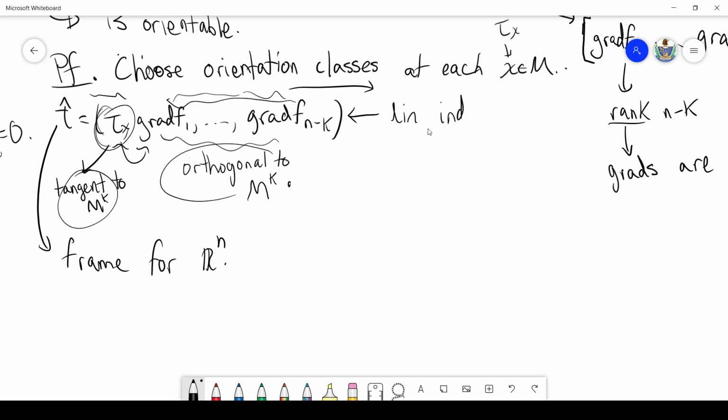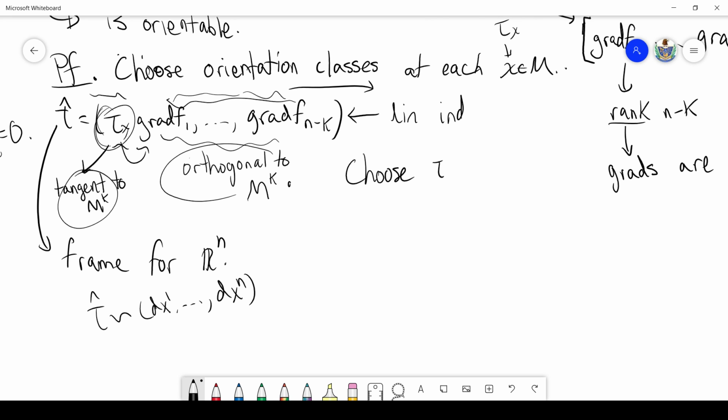But we want to be able to show that we can choose it continuously. We have an infinite selection of tau, and we know tau hat has two possible orientation classes. So let's just say that tau hat is in the same orientation class as the standard orientation on Rn.